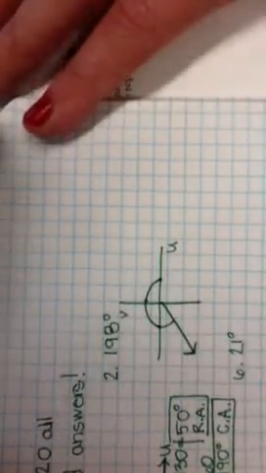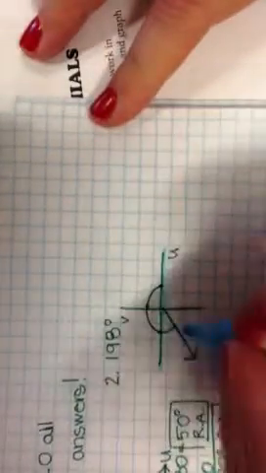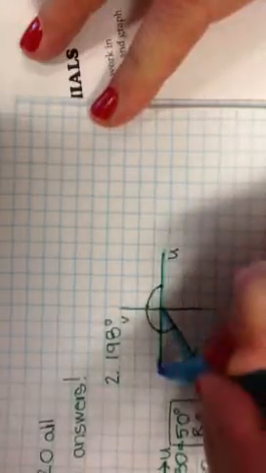The reference angle. Again, the reference angle is your acute angle between the x-axis and this. So the acute angle that we're talking about is this angle right here. So in quadrant 3, how am I going to find that?